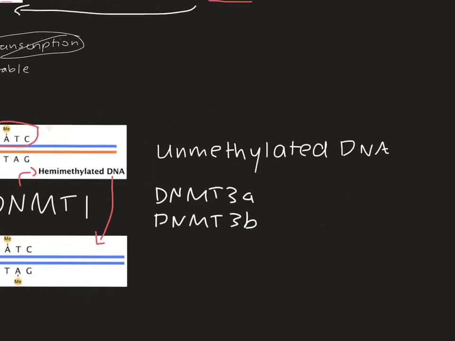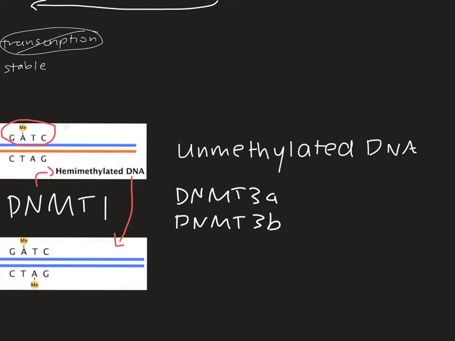On the other hand, DNMT3A and DNMT3B are de novo methyltransferases. De novo roughly translates to anew from Latin and refers to DNMT3A and DNMT3B's ability to methylate unmethylated DNA as well as hemimethylated DNA.